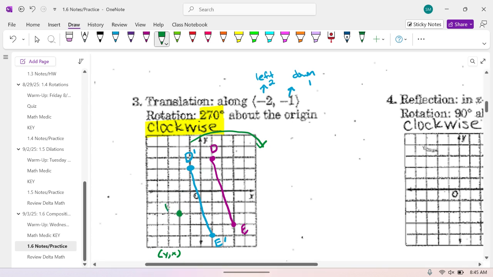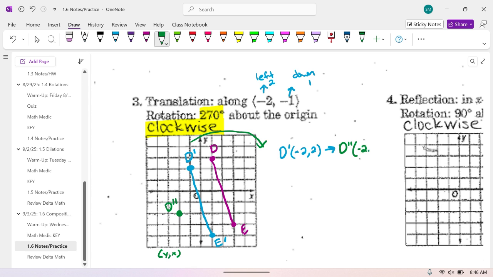And that'll be D double prime. Both of them would then become negative. So just to kind of list it out, D prime was -2, 2, and then goes to D double prime, which is now -2, -2.